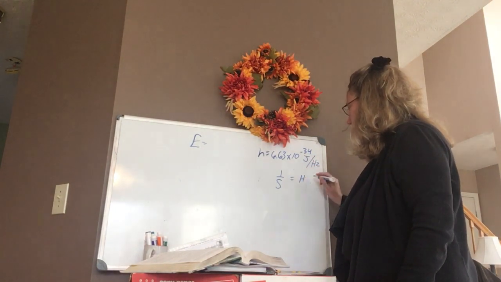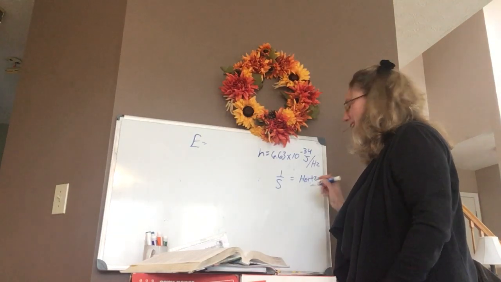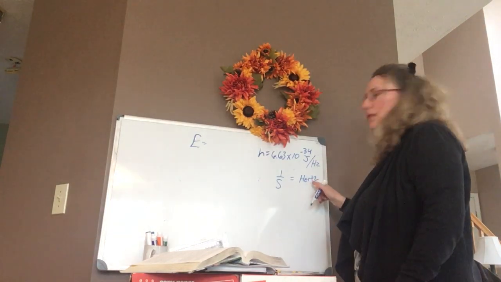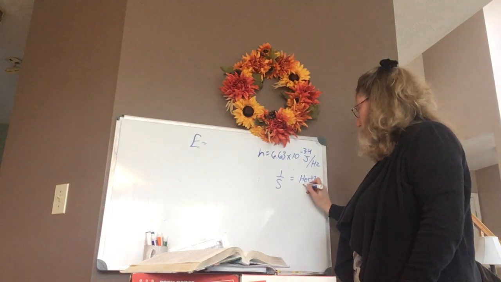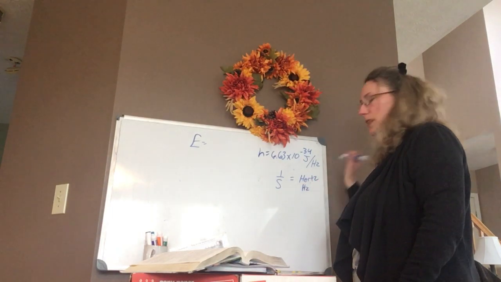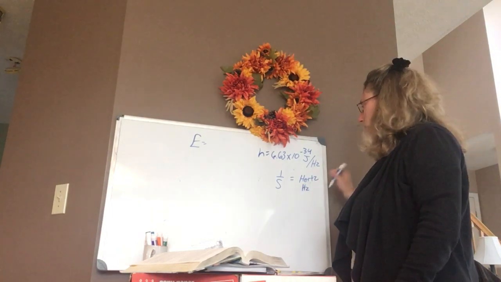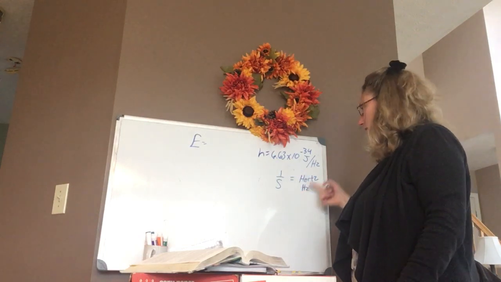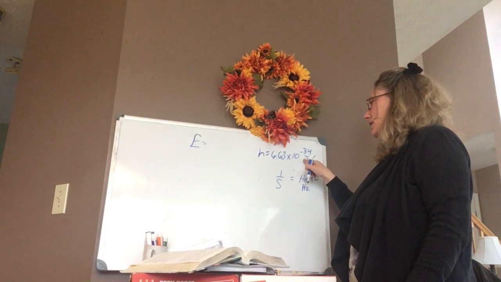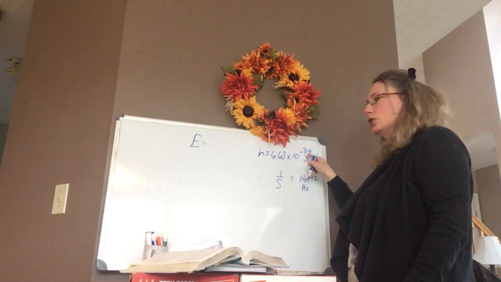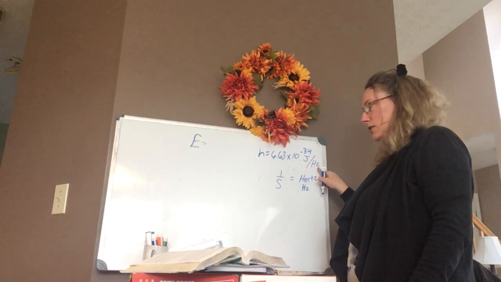I should spell it. H-E-R-T-Z, not like how it hurts, but this is a scientist named Hertz, and so it's H-Z from his name. Okay, so 1 over second is a hertz. So this Planck's constant is how much energy or joules are in a hertz.